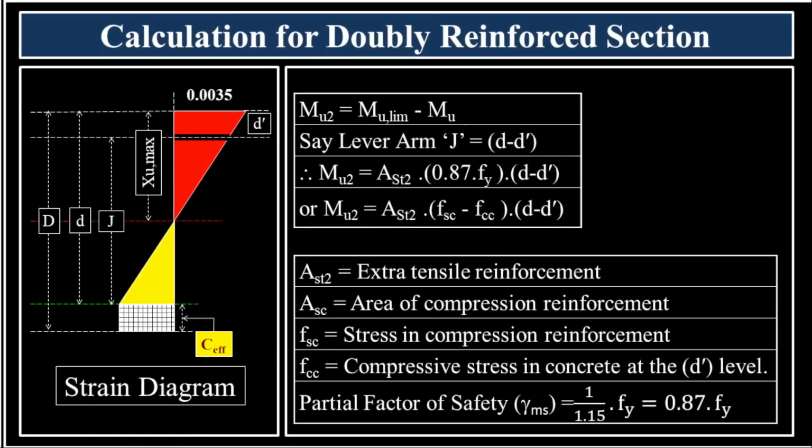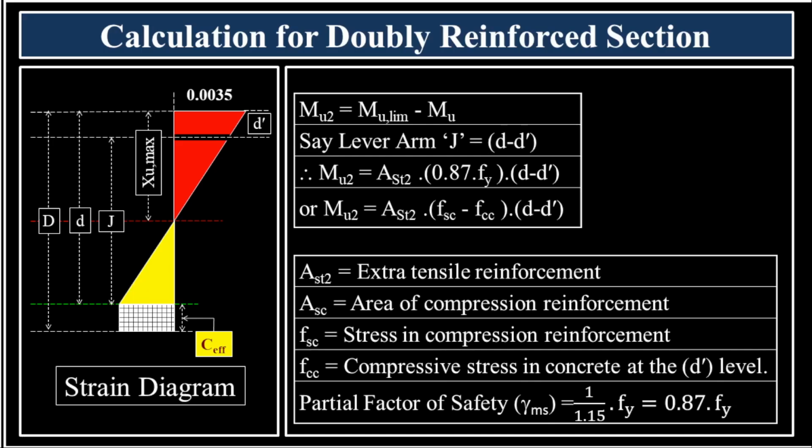Now, let's delve into the calculations required for designing a doubly reinforced section. As shown on the slide, we revisit the strain diagram on the left. We start by defining the excess moment that needs to be resisted by the additional reinforcement. As per the formula displayed, Mu2 equals Mu minus Mu,lim.